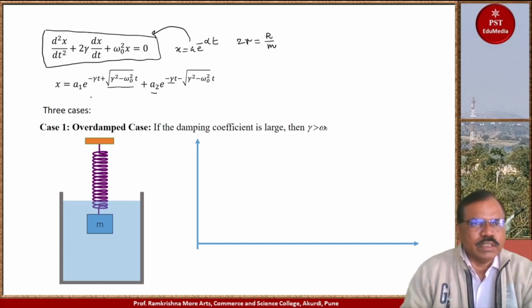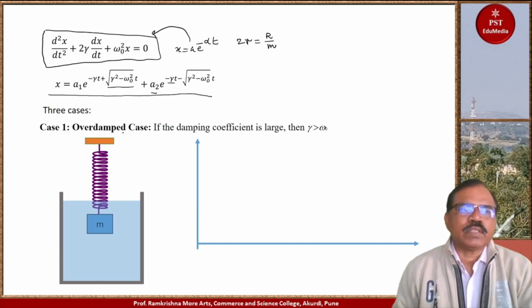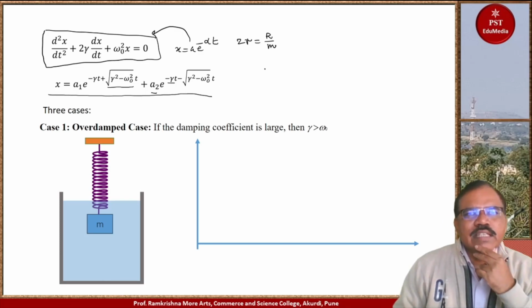So this is the equation of motion for a damped oscillator.